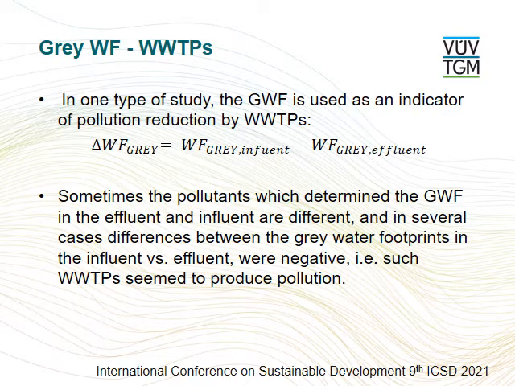The next example is greywater footprint of wastewater treatment plants. You can find several studies where the so-called reduction of greywater footprint was calculated, which is the greywater footprint before the wastewater treatment plant minus the greywater footprint behind the wastewater treatment plant.